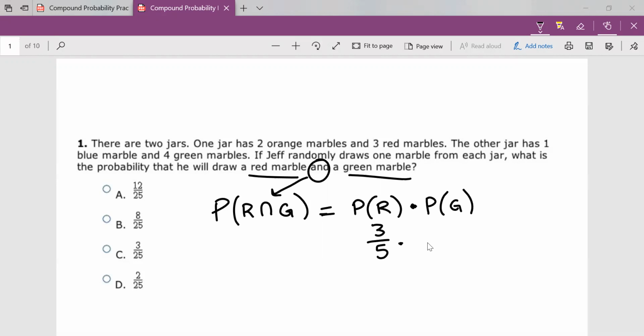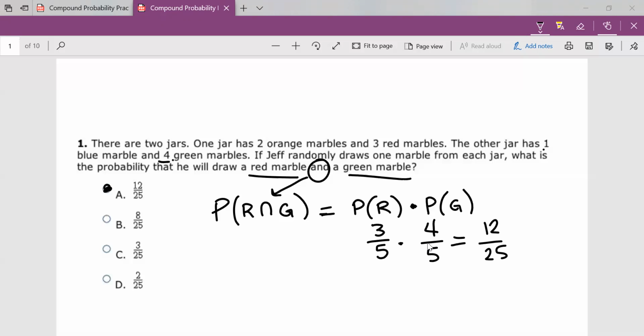So the second jar has 4 green marbles. So that's 4 out of the 5 total marbles in that jar. Since it had 1 blue and 4 green, that's a total of 5. 3/5 times 4/5 equals 12 over 25.